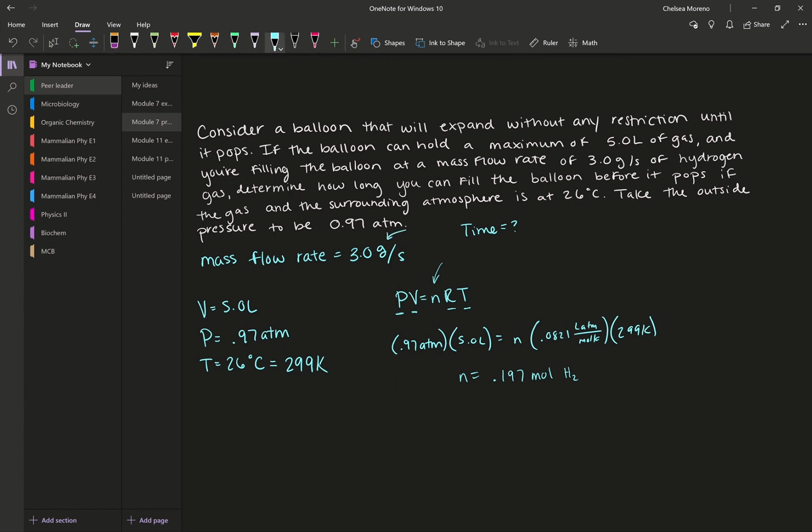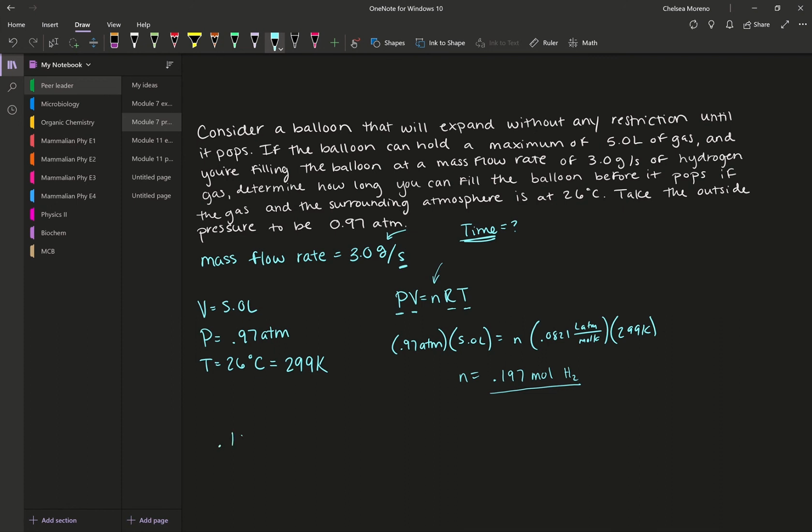That means we need to cancel out grams in order to get our time in seconds. We can cancel out grams with some kind of conversion, like grams per second, so we have to find another gram value. If we have moles, we're already halfway there, so we can just convert that to grams right away.